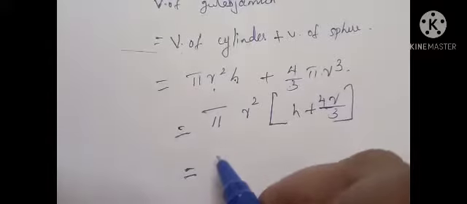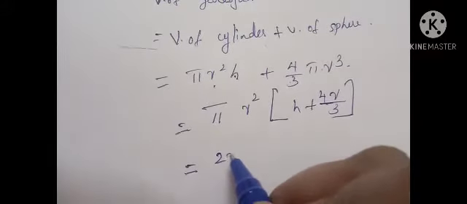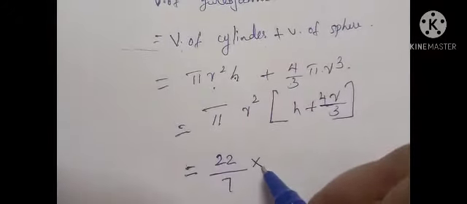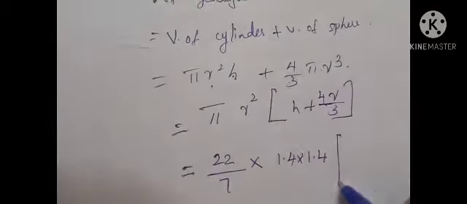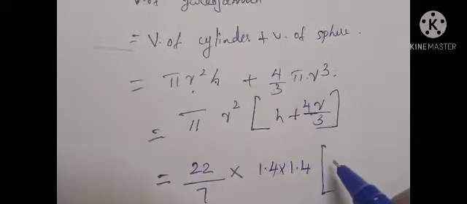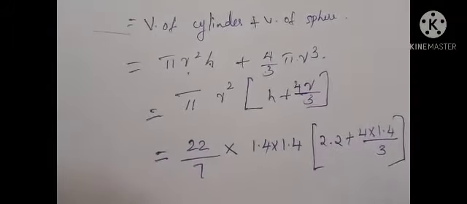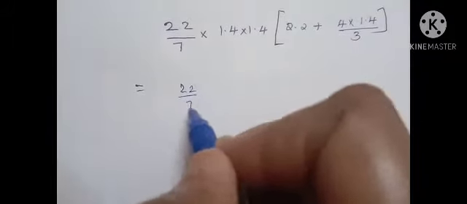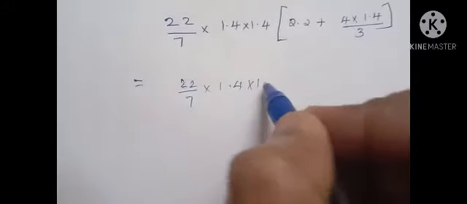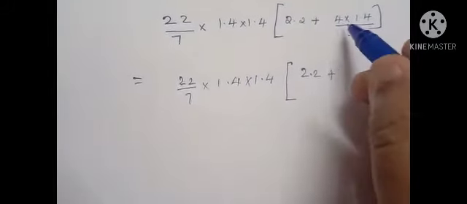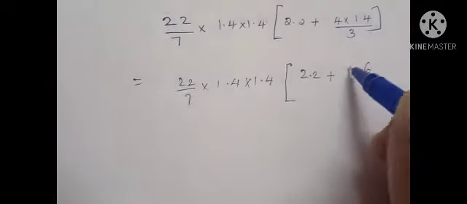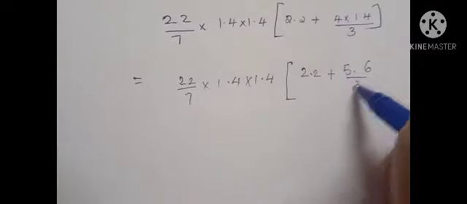Then we can substitute the values of pi as 22 by 7 and r is 1.4. So r square is 1.4 into 1.4. Then h we got as 2.2, plus 4 into 1.4 by 3. That is 22 by 7 into 1.4 into 1.4 into 2.2 plus 4 into 1.4, which is 5.6, then by 3.